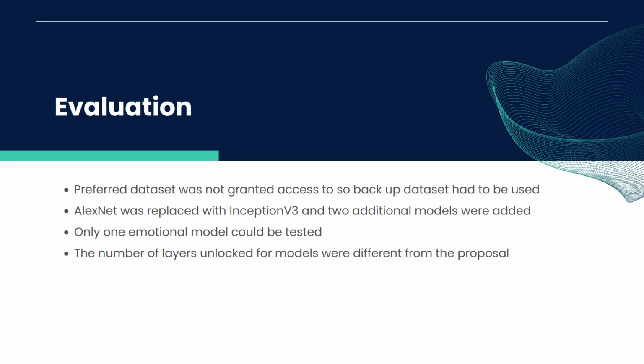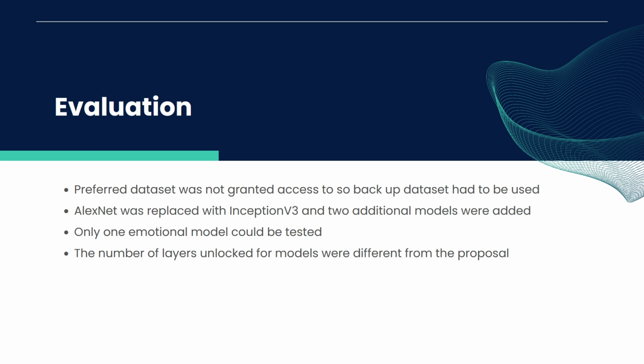In this section, I will just talk about some of the differences between the implementation and what was proposed initially. The preferred dataset, that is AffectNet, was not granted access to, so the backup dataset had to be used. AlexNet was replaced with Inception V3, and two additional models were also added. Only one emotional model could be tested.